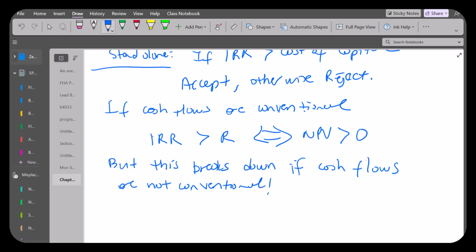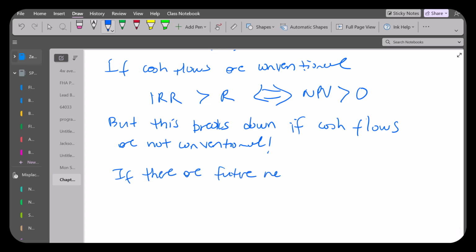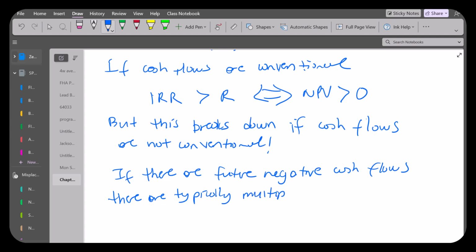The reason is if there are future negative cash flows, there are typically multiple solutions to the equation that defines IRR.